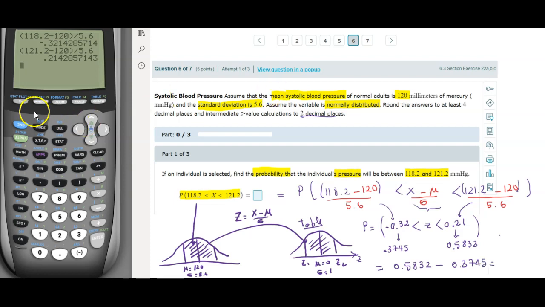Plug it in the calculator: 0.5832 minus 0.3745, and enter. This one is going to be 0.2087.